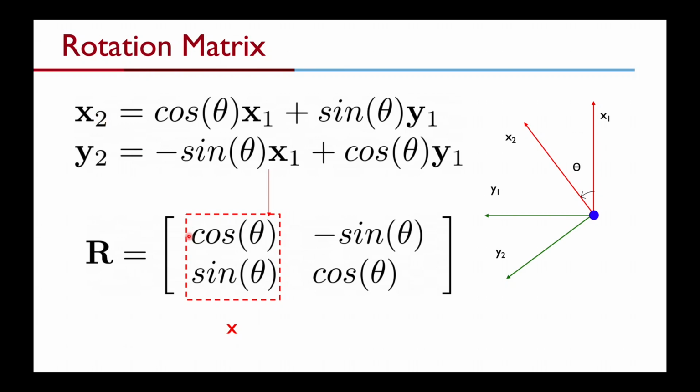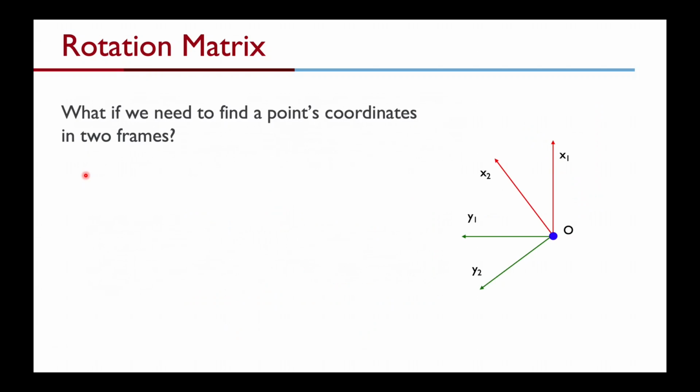So you can see we will have cosine of theta times x1 plus sine of theta times y1 would be x2. And similarly, negative sine of theta times x1 plus cosine of theta times y1 would be equivalent to y2. So this is the y component of the new coordinate frame.